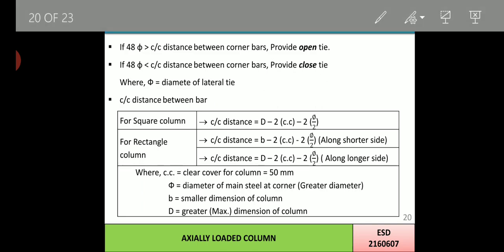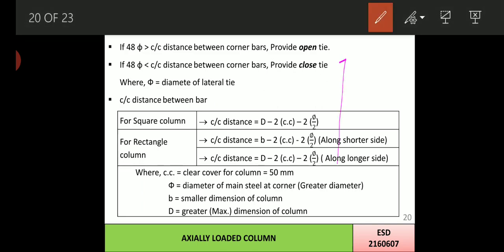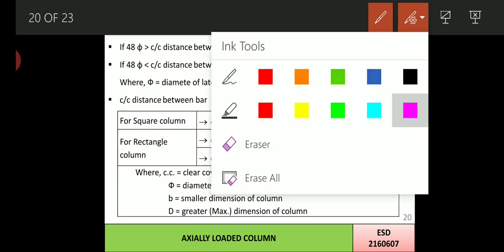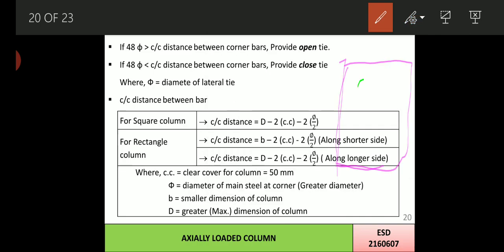And talking about the center to center distance, first let's understand it by the figure. Now if the plan of the column is something like this, now I am providing the ties over here in the plan section, say something like this. Let's do it again. Now this is the plan of the column. Now this is the tie, and over here we will provide reinforcement. For example, 4 bars are there at the corner.